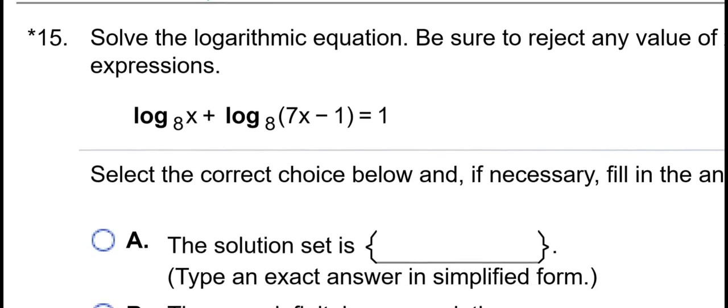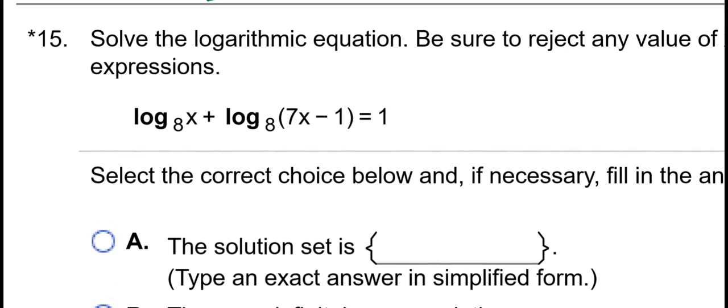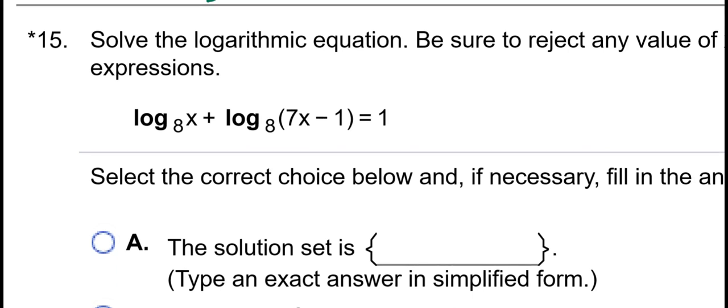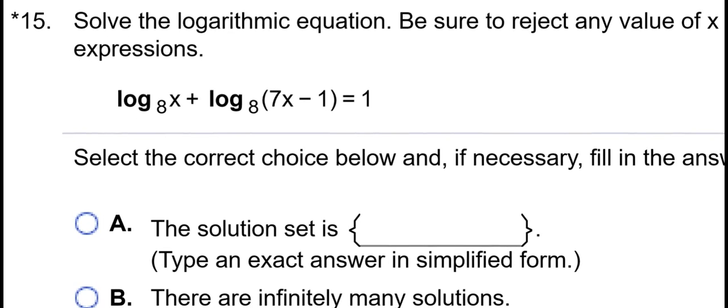Okay. Is this a single logarithm? No, it's not. Now, depending on how this goes, this might be an extra credit question. I don't want to get too complicated with some of these. We'll see how this one goes.